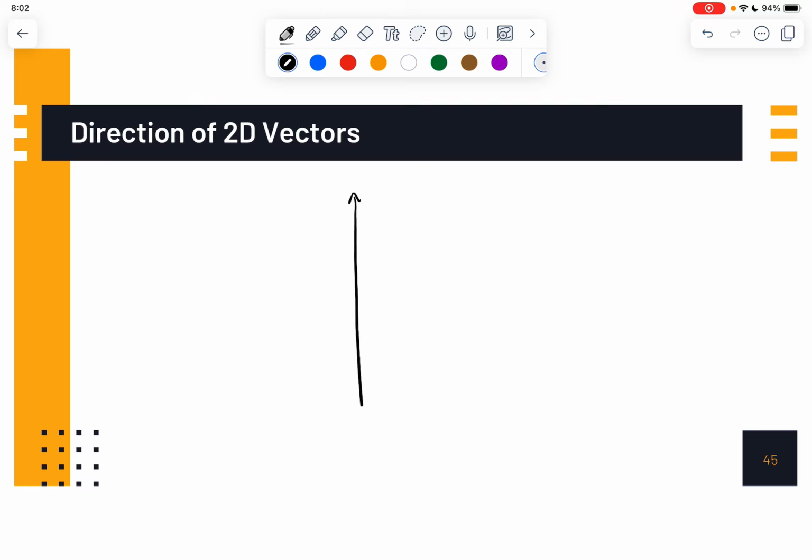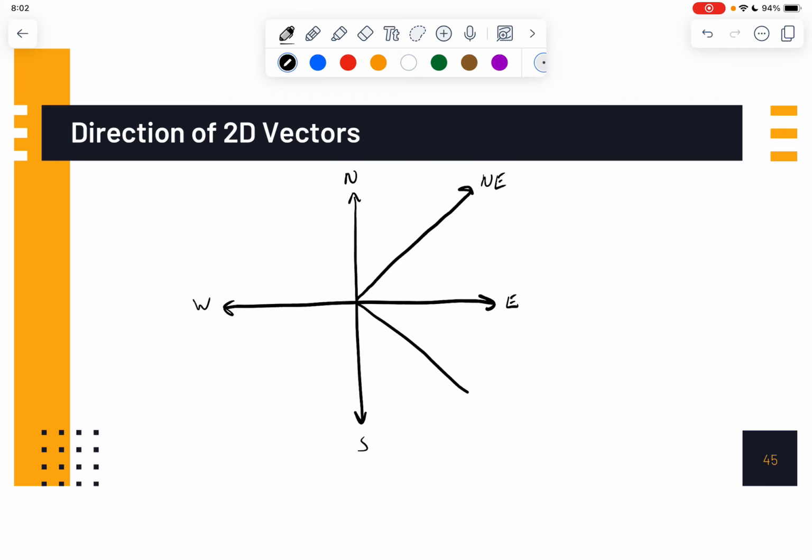So let's say we have our standard north, east, south, and west. Just to be a little bit more specific, we're going to break these quadrants up in half. We're going to add in this line that's splitting north and east. That's going to be our northeast line.